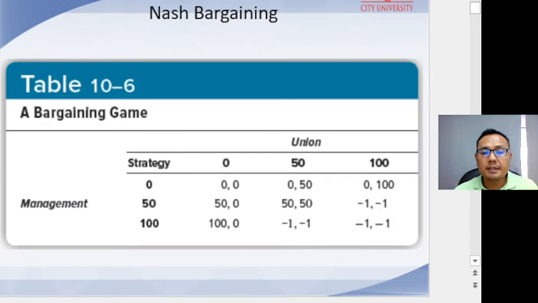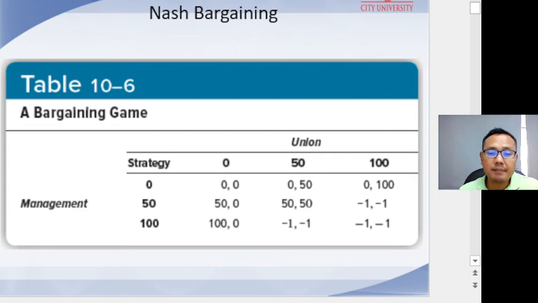Unfortunately, stalemate is common in labor disputes. Agreements often fail or are delayed because the two sides ask for more in total than there is to split. Experimental evidence suggests that bargainers often perceive a 50-50 split to be fair.